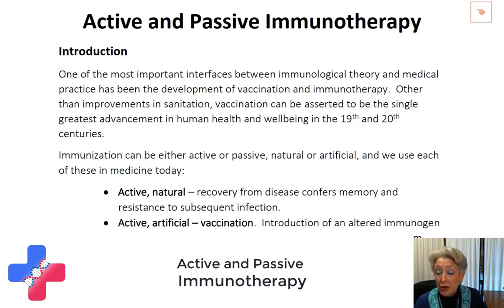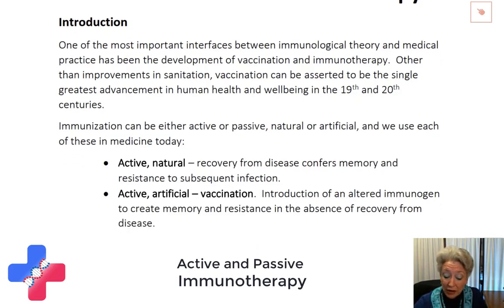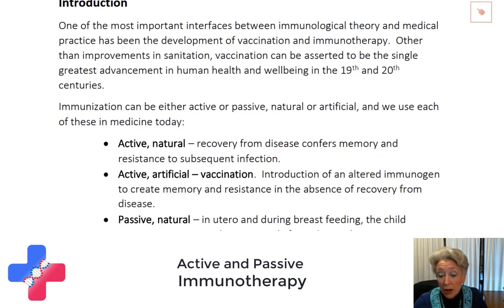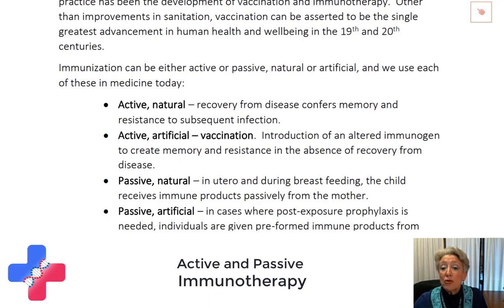of how we protect patients before exposure or potentially deal with them after they've been exposed by giving immunotherapy. So we refer to the types of immunotherapy we do as either active or passive, which implies, of course, either I'm doing the response myself or else I am giving the patient some product that they have not had to make themselves.